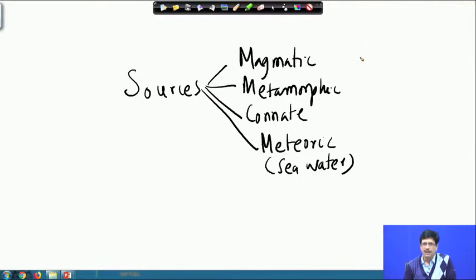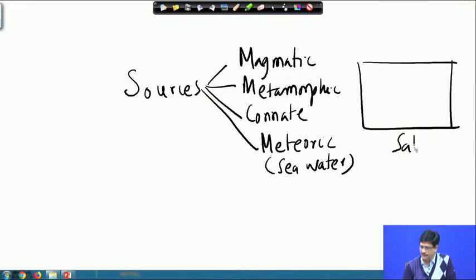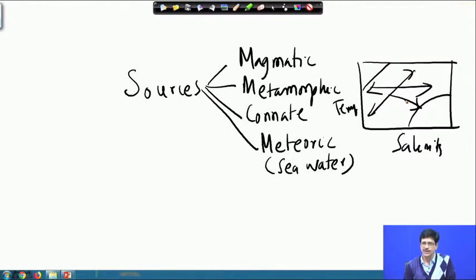So, we would like to essentially unravel the fluid origin, or what we say the ancestry of the fluid, and not only that, with the help of a fluid evolution diagram that we saw before on a salinity and temperature of homogenization plot, we generally see that there could be many possible trends, like a mixing trend, like a boiling trend, could be different types of mixing trends which can be decipherable from the paired salinity and temperature of homogenization data, and then we can decipher the fluid source, the path of the fluid evolution.